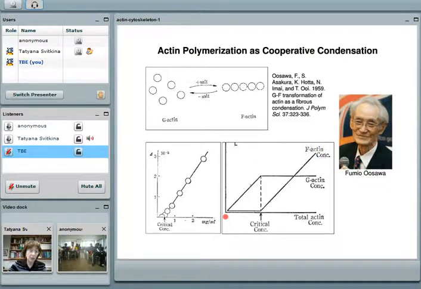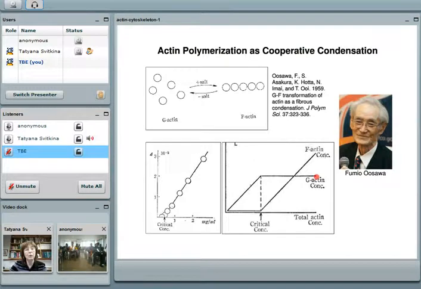However, if we look at the concentration of G-actin, then in the range below critical concentration, the amount of monomeric actin would be as much as we added. That's why this linear curve at 45 degrees. But as soon as we exceed critical concentration, all actin which is above that concentration will be converted to filaments, and the amount of monomeric actin will remain at critical concentration.